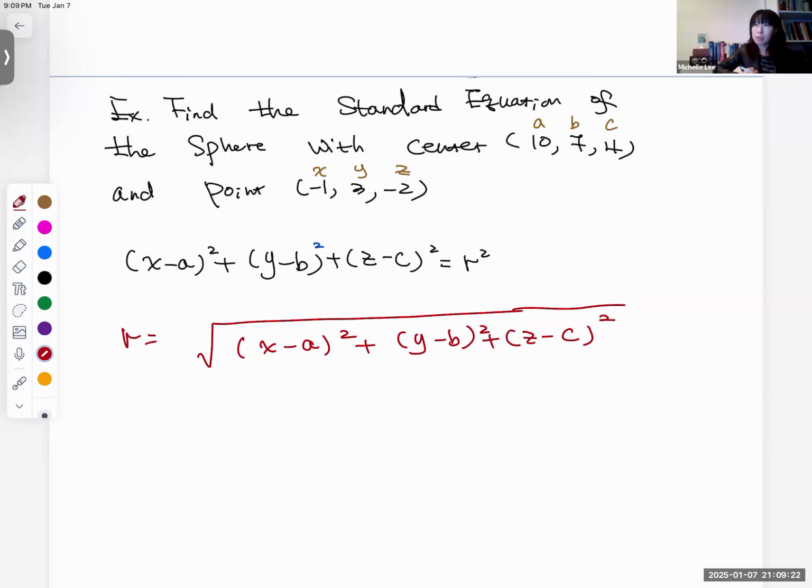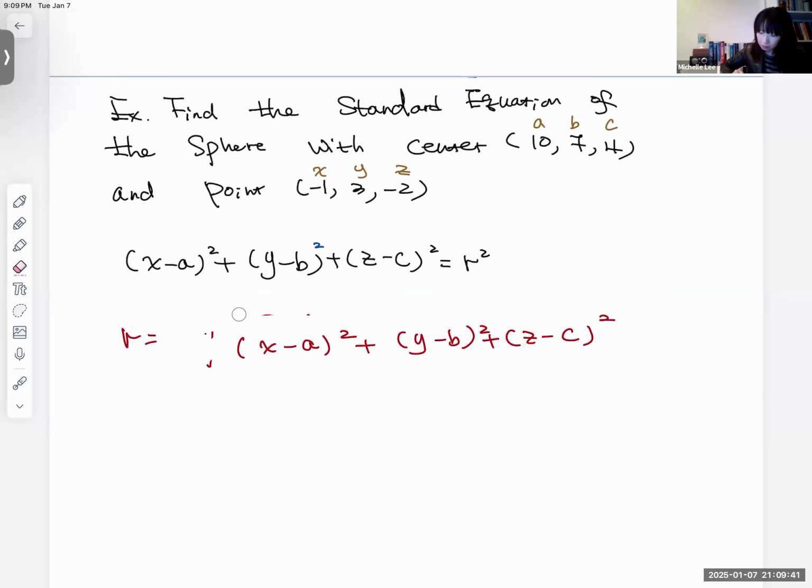Why do we need to find r? We need r squared, right? So we don't need the square root actually, and we can directly find it.